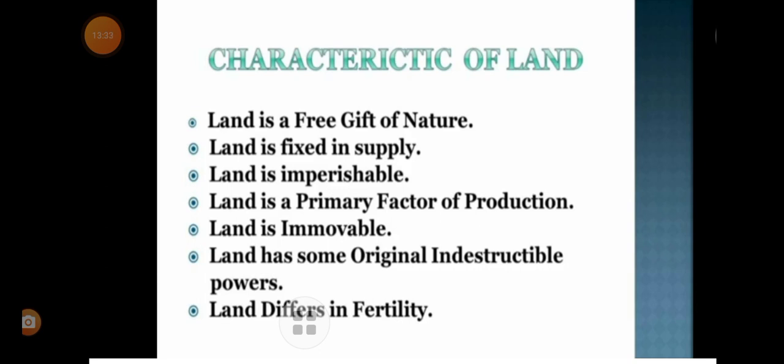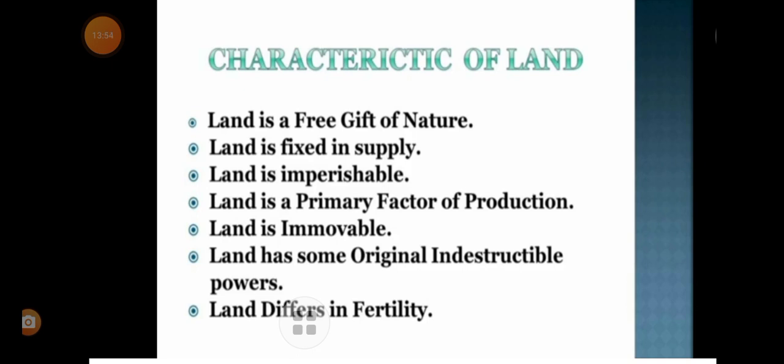Land is fixed in supply. There is no shortage or excess of land. You cannot increase or decrease the land. It is fixed.